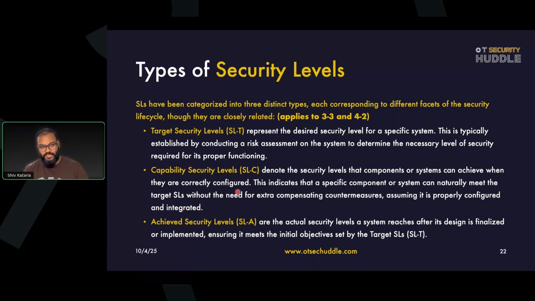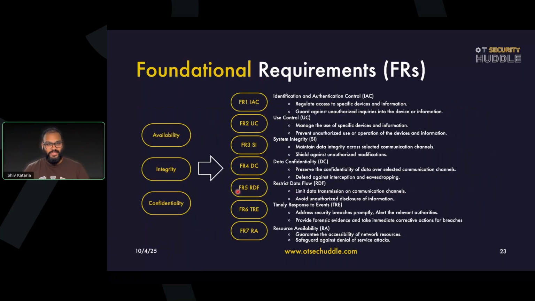You see this in the foundational requirements also. Generally the goal of cybersecurity is to ensure your systems are available, they are functioning the way they are supposed to function, and they also protect the information from being shared with people who are not authorized to access it. These are the 3 different goals, apart from safety being another one in ICS.